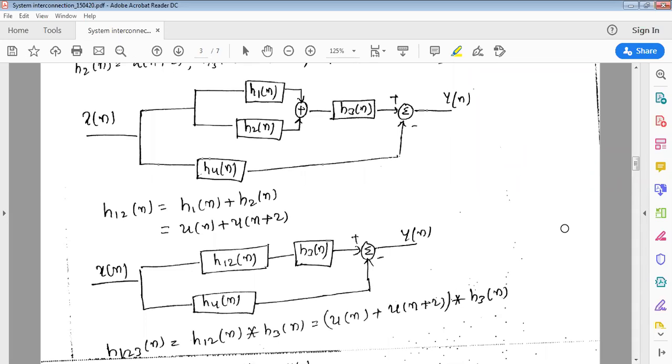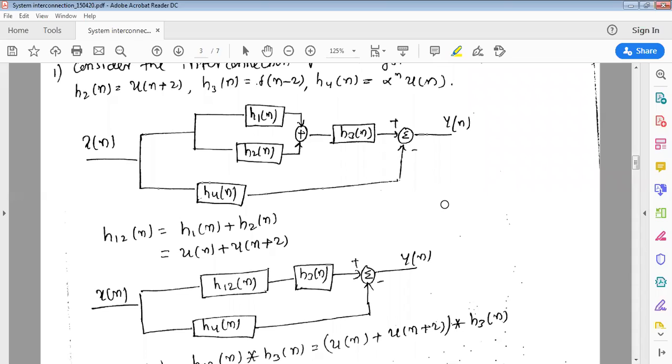Are you able to follow? Any doubt? Understand, parallel connections are replaced by addition. Series connections are replaced by convolution.